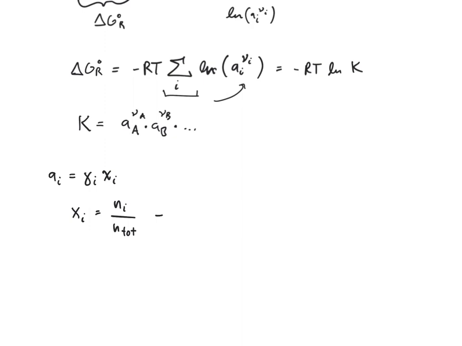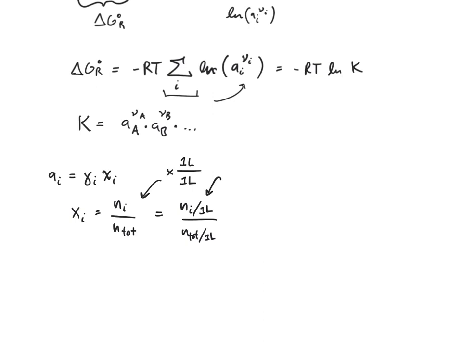And then I can take this fraction here and multiply times 1 liter over 1 liter, because that's just the same as multiplying times 1. And what do I get? I get N sub I divided by 1 liter, N total divided by 1 liter.